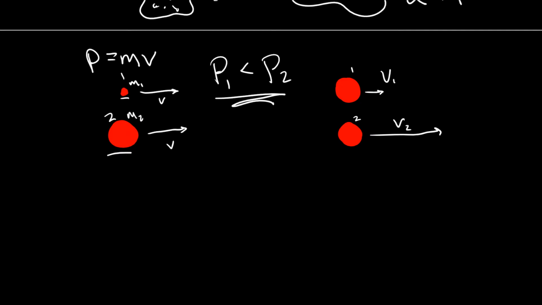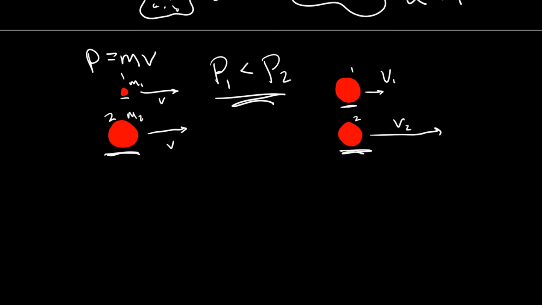In both of these cases, the second object is harder to stop. If it's much more massive and moving at the same velocity as a much less massive object, it's going to be harder to stop than the less massive object. If I have two objects which are exactly the same mass, the one that's moving faster is going to be harder to stop.